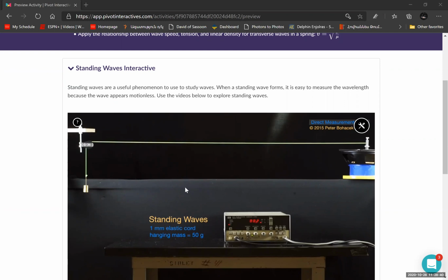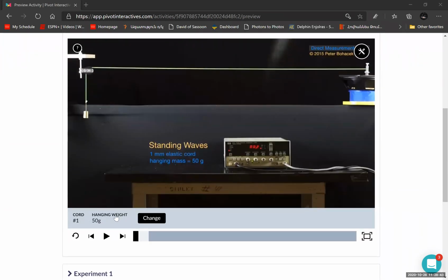One thing we're going to see is that the hanging weight is given to us. So let's say we have cord 1 and hanging weight, 50 grams. This is actually the hanging mass, the weighted set.